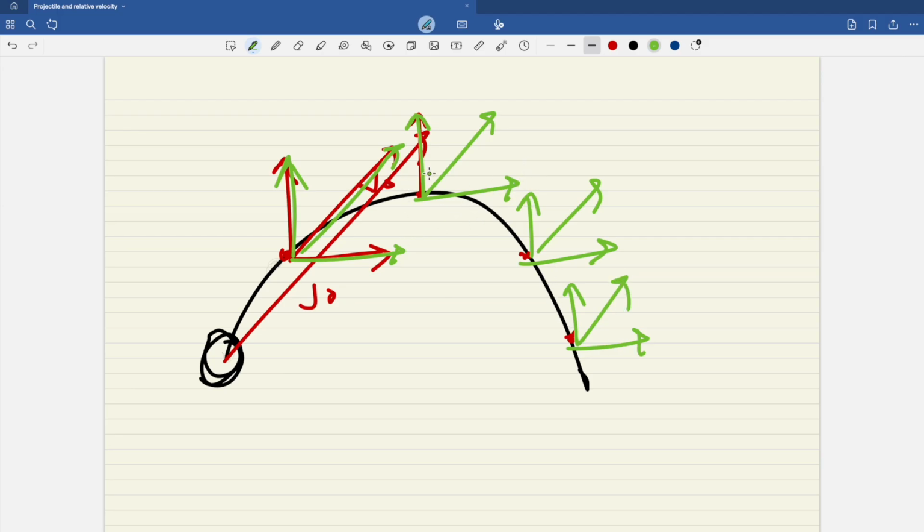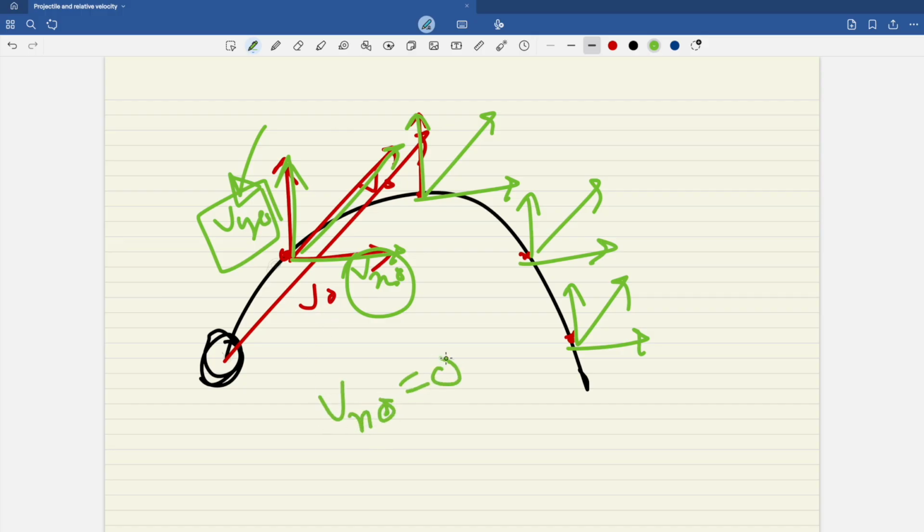This is the horizontal component of the velocity, this is the vertical component of the velocity, and so on. So the Vx naught here and the Vy naught here: what the statement tells us is that Vy naught is considered in the calculation, but Vx naught is not that impactful. Why isn't it that impactful, and why is it considered to be 0?